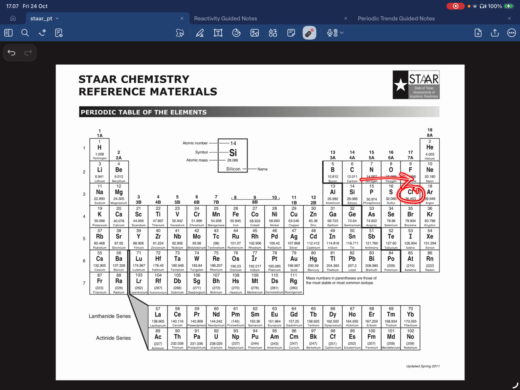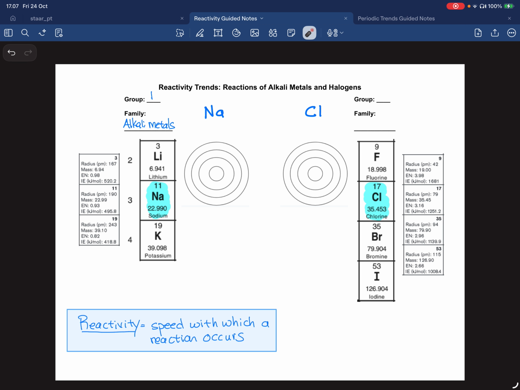It's on the right side of the stair-step line. So chlorine is a nonmetal from a family called the halogens, and that is in group 7. So that's chlorine.